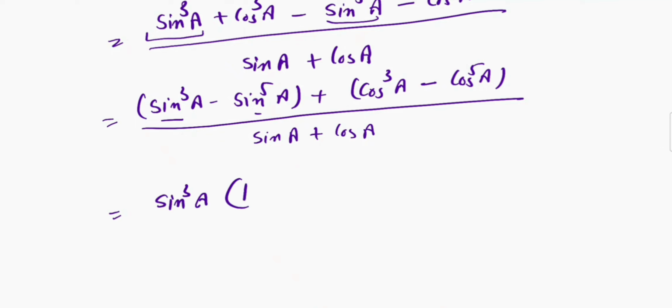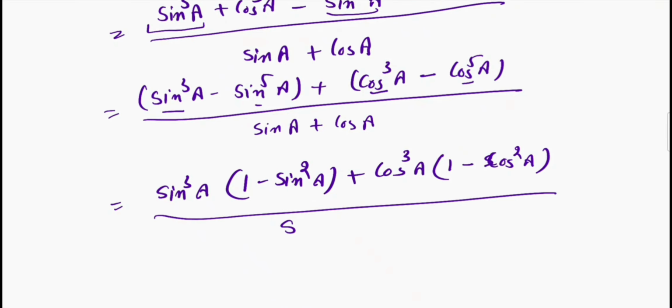So inside I will be left with 1 minus sin square A. Similarly from here I'll take cos cube A out and inside I will be left with 1 minus cos square A, divided by sin A plus cos A.